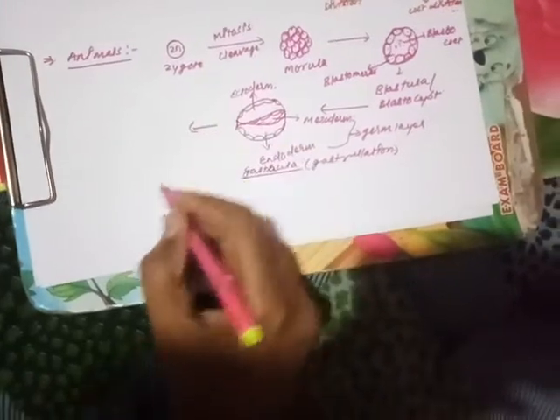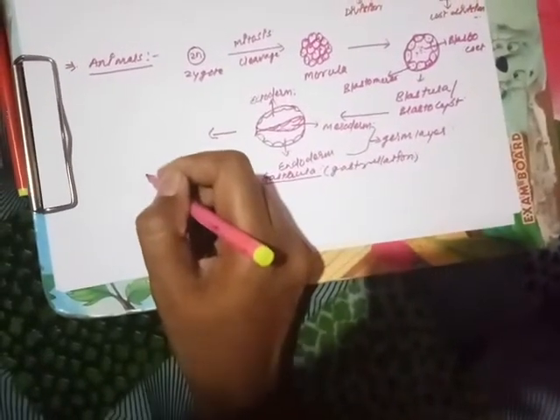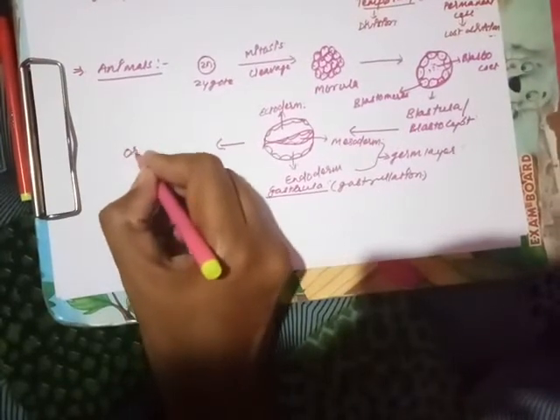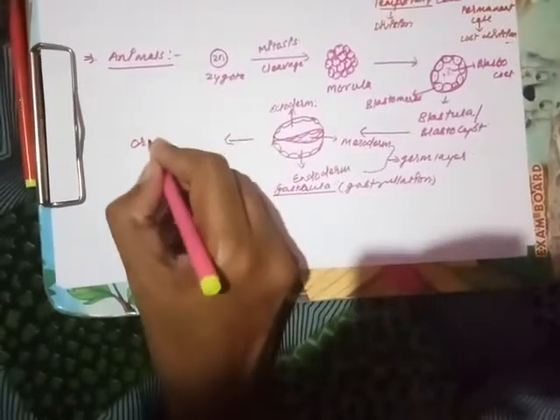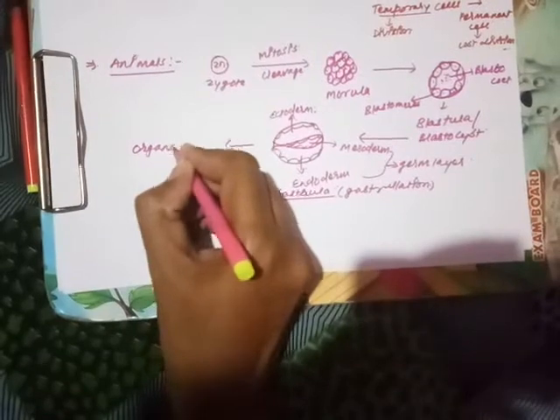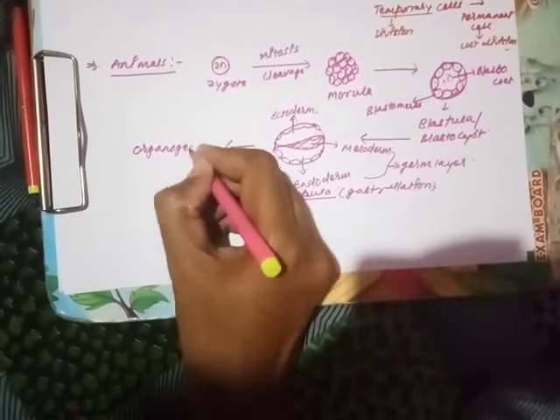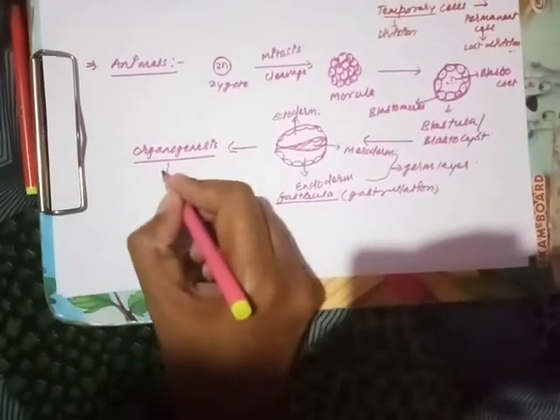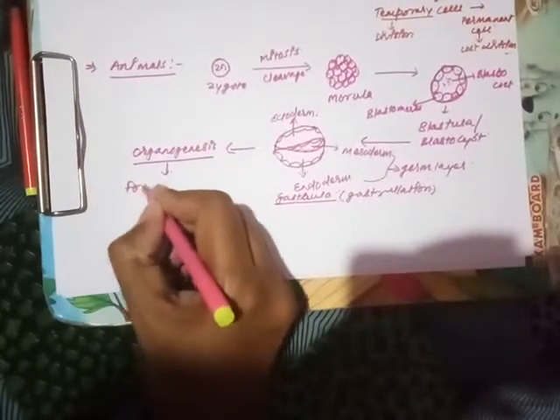After formation of the gastrula, after formation of the germ layers, now organogenesis begins. Organogenesis is the formation of organs.